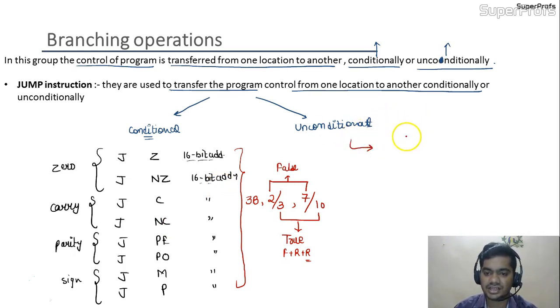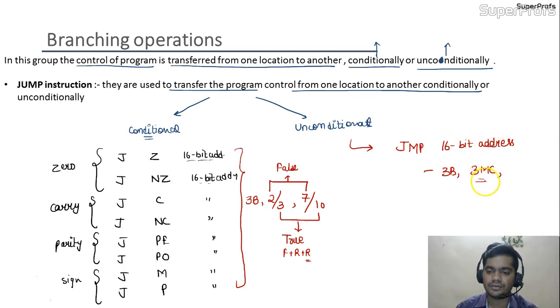For unconditional, it would directly jump to the 16-bit address which is present. So it would also be a 3-byte operation and would have 3 machine cycles, because no condition is applied, so it would definitely jump to this address.